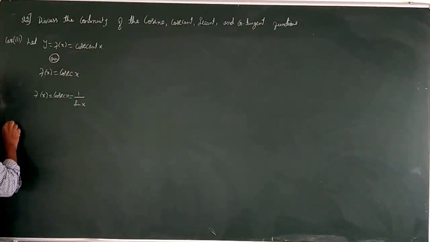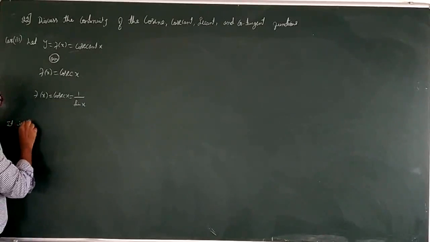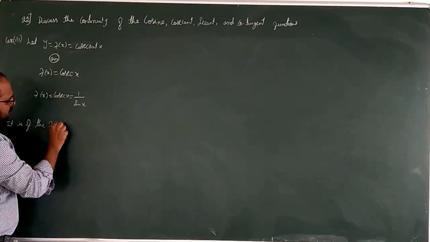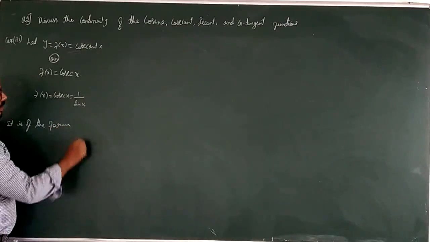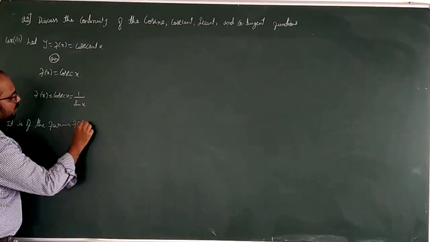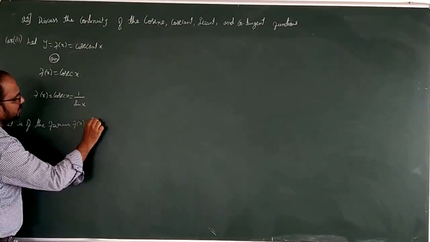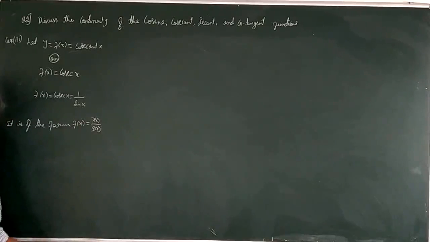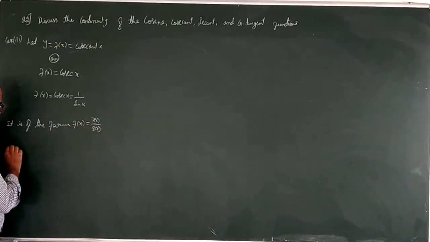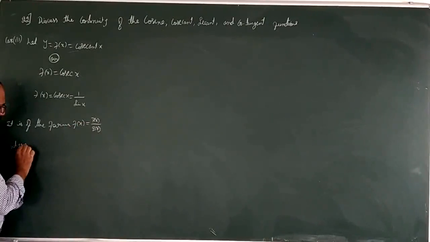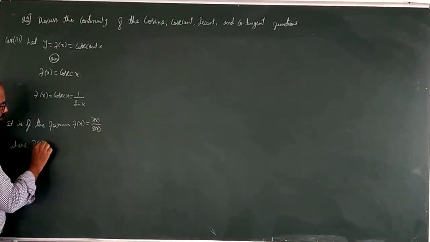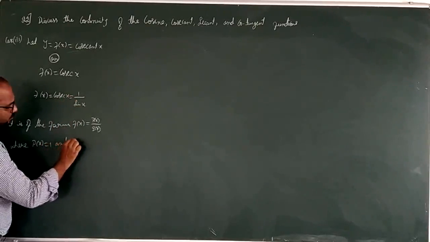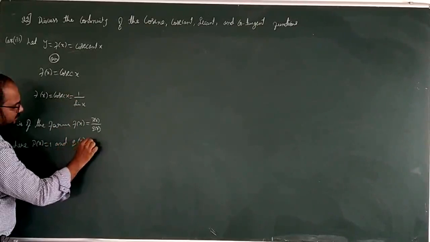It is of the form f of x is equal to p of x divided by q of x, where p of x is equal to 1 and q of x is equal to sin x.